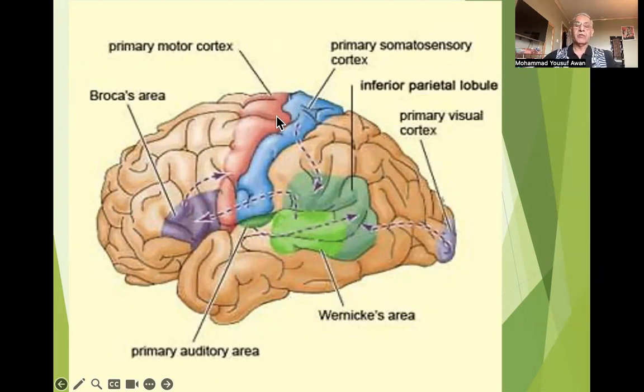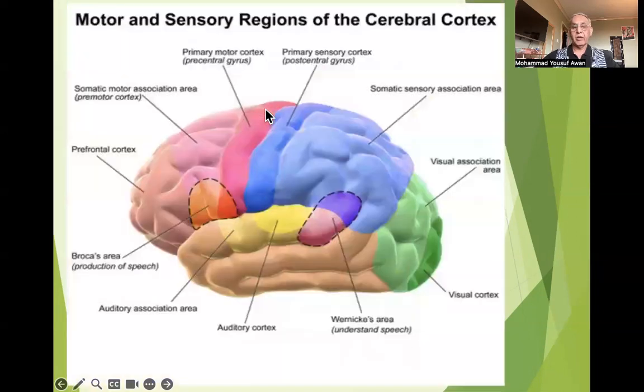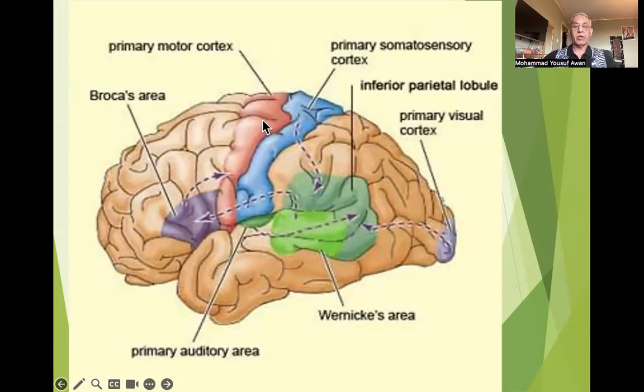The gyrus in front of the central sulcus is the precentral gyrus, which contains the primary motor cortex, where the motor neurons lie and control the motor movements of the opposite side of the body.